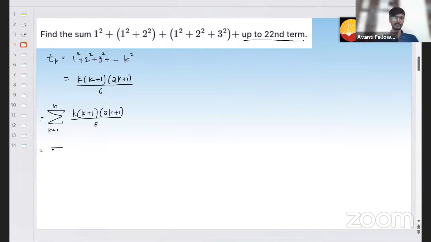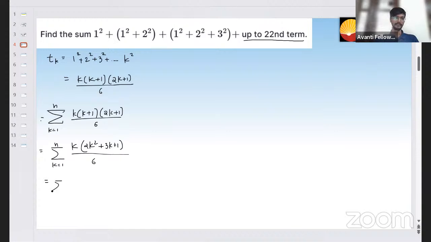So I'll get summation k equals to 1 to n. Now I will not be writing every time k equals to 1 to n. So here I can multiply it. So I'll get k into 2k square plus k plus 2k plus 3k plus 1 upon 6.